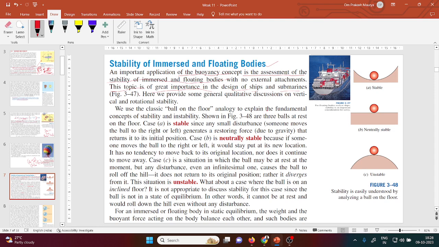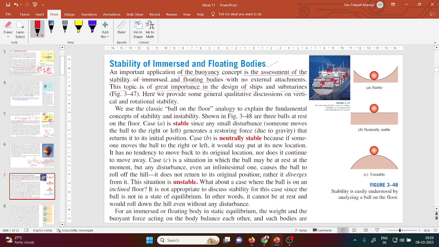Why? Because it is designed very properly. Definitely a ship has some load capacity and load limitation, but with heavy load on the boat it is still floating because during the design the stability criteria are considered very accurately.